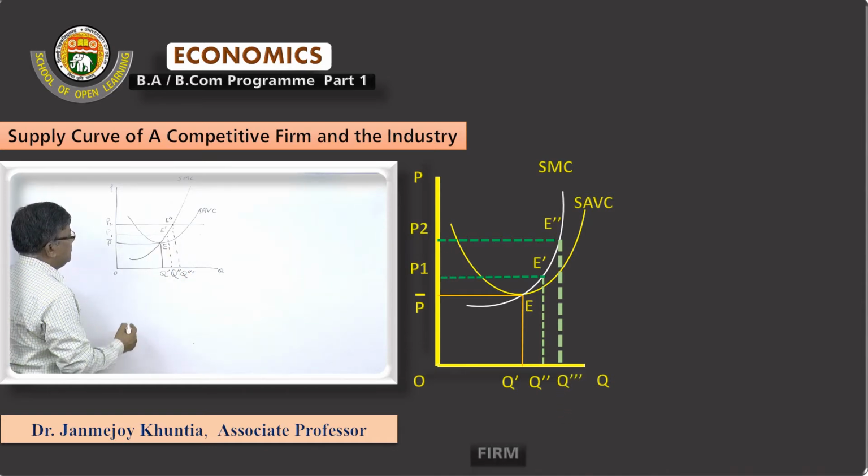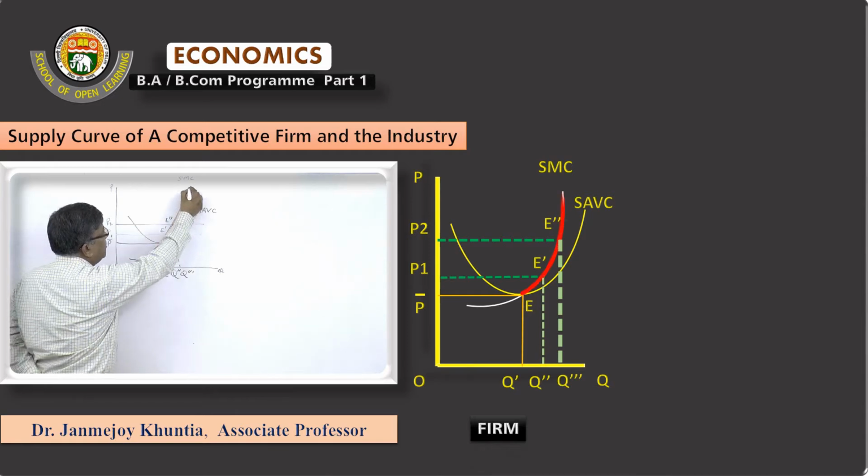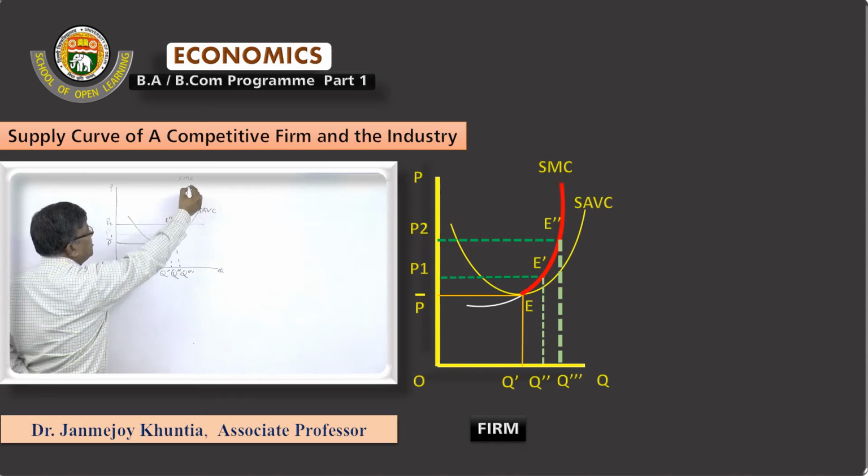This means that the supply curve of the firm starts from point E, which is the minimum point on the short-run average variable cost, and after that the upward portion of the marginal cost curve is the supply curve.